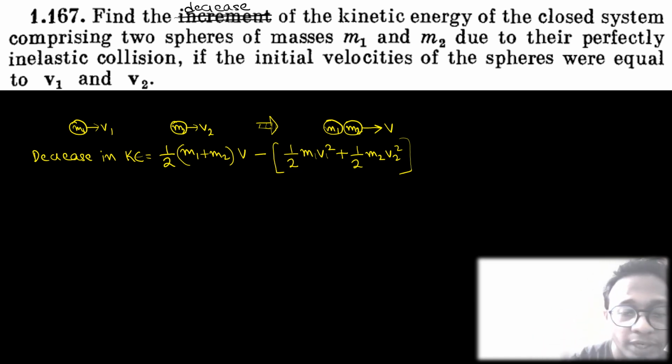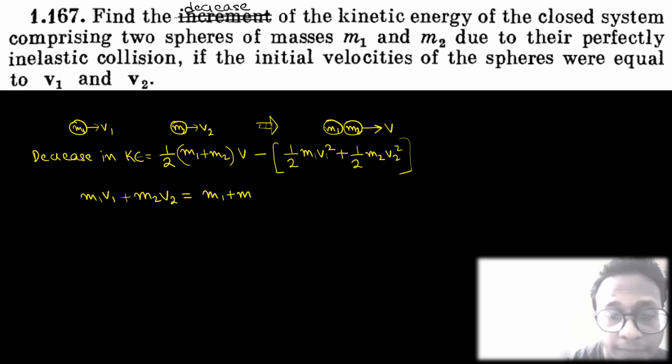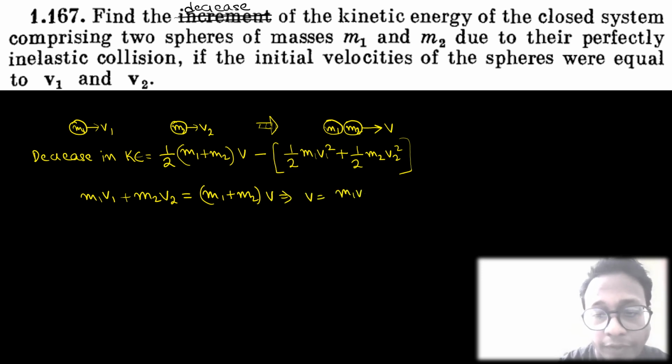So the initial momentum before collision is m1 v1 plus m2 v2. What is the final momentum of the system after collision? (m1 plus m2) times v. So from this equation I'll get v equals (m1 v1 plus m2 v2) divided by (m1 plus m2), isn't it?